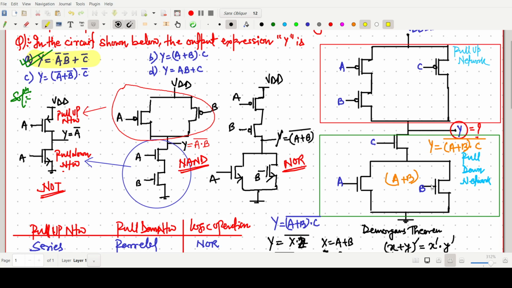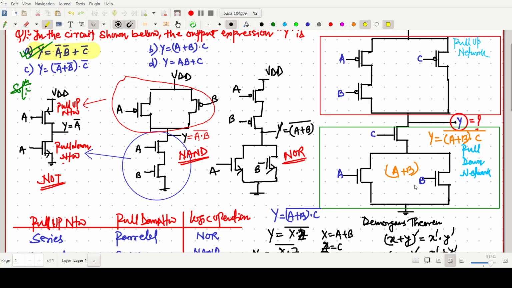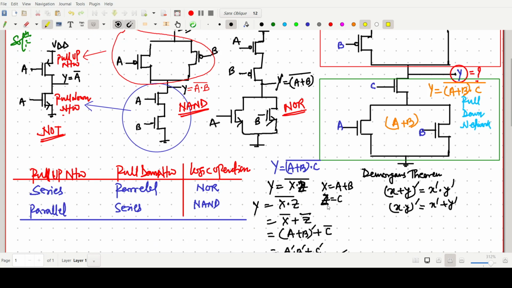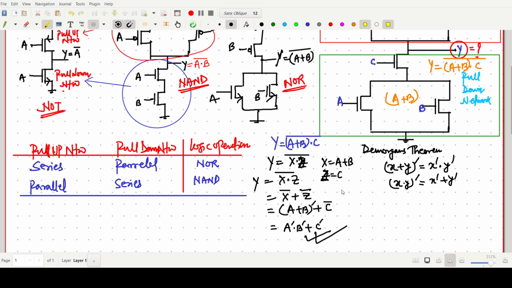These two are in parallel, and it is in series with C. So it should be (A plus B) into C, whole bar. Then, because this is not available in our options, we have to use De Morgan's theorem. By applying De Morgan's theorem, finally we get A dash dot B dash plus C dash.